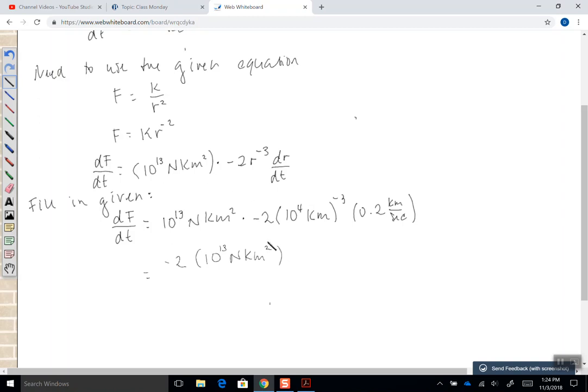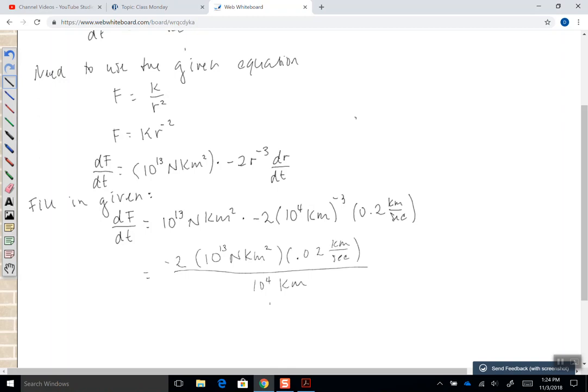That's just all this stuff. And then I'm still multiplying by the 0.02 kilometers per second, which also remains on top. Okay, so I have that part, and then since this whole piece right here is raised to the -3, I know I have 10 to the 4th kilometers in my denominator.